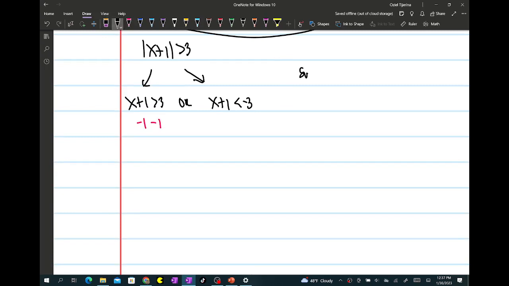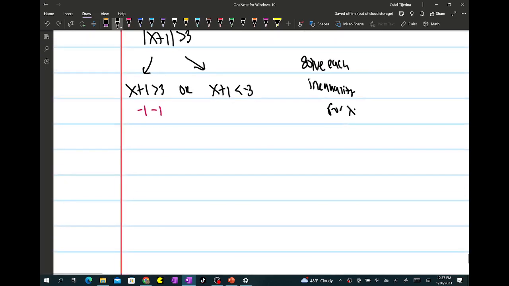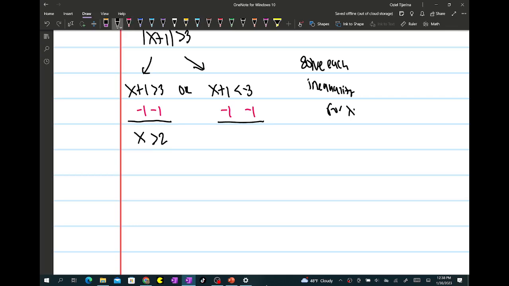So then we have x is greater than 2, right? So we subtract 1 on both sides. X is greater than 2. And then here, we're going to do the same thing. So we're going to get x is less than -4.